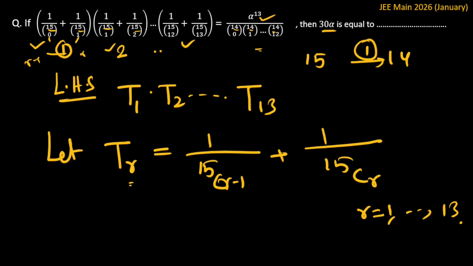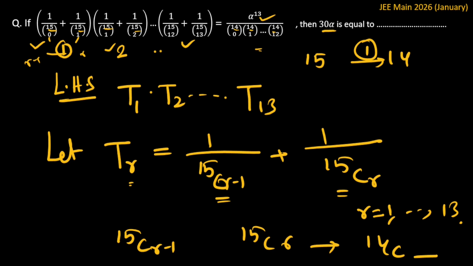Our goal is to convert these two terms, 15C(R minus 1) and 15CR, into 14C something. In this case we use two identities of the binomial theorem. The first identity is nCR equals n over R times (n minus 1)C(R minus 1), that is, n and R both decrease: n minus 1 and R minus 1.